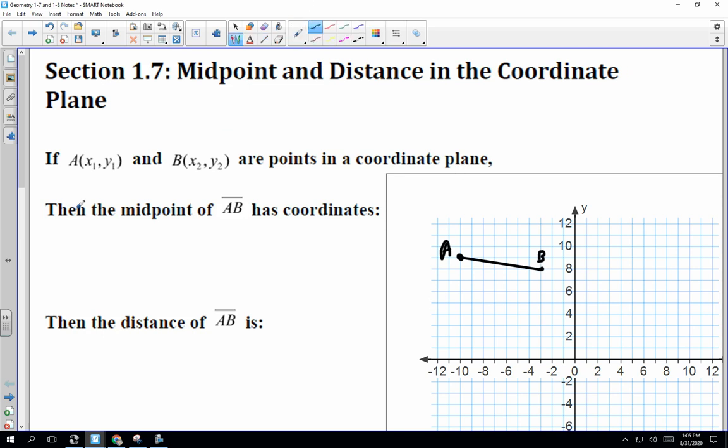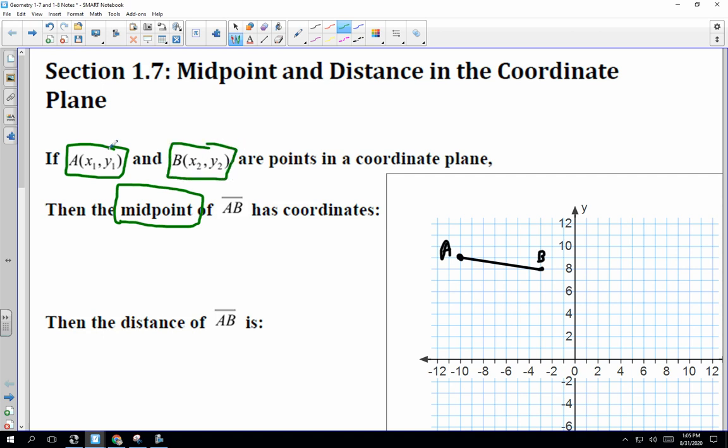We're going to find the midpoint, which I actually really love. So on your paper, please write midpoint. Above or next to midpoint, write A, x1, y1, and B, x2, y2.